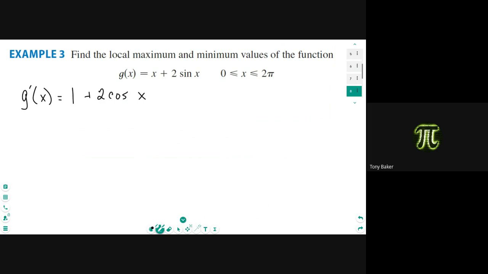All right, so now I have to find my what? My critical values. So where is 1 plus cosine of x equal to 0?